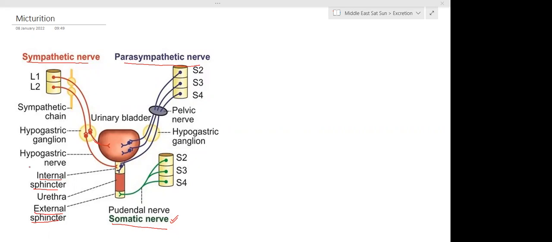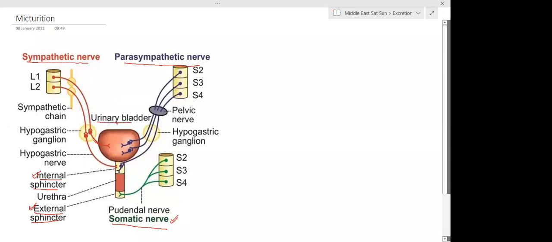The urinary bladder, this part, this is the urinary bladder. And this part is called the sphincter. I have told you that this is the first sphincter and this is the second, right?